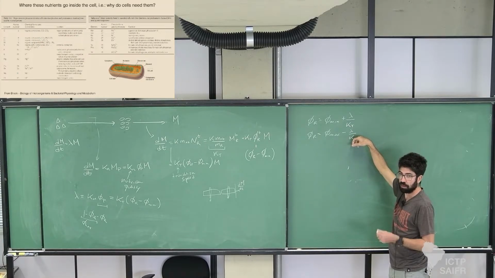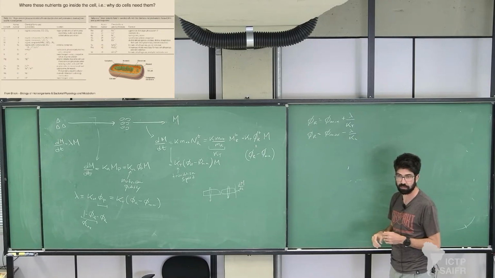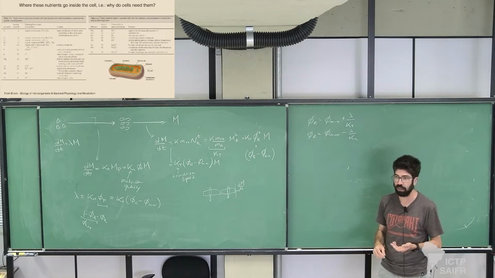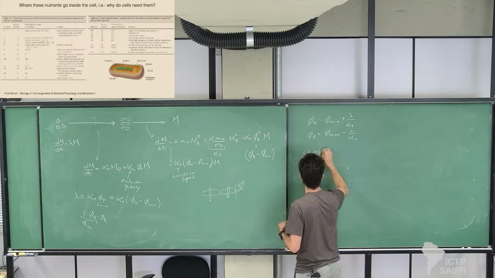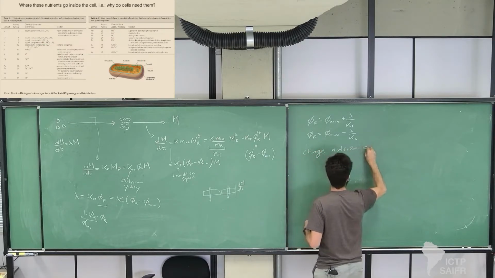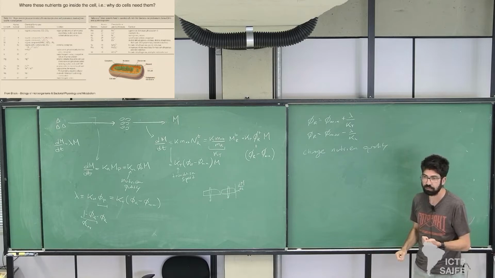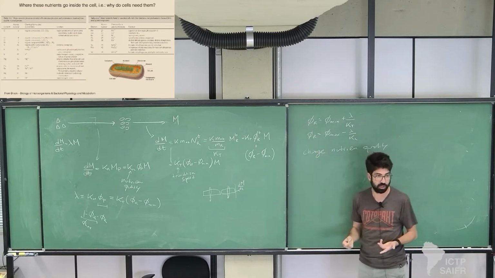Before going to that, there is a simple thing I can use from this equation to predict the result of experiments. Suppose that I change nutrient quality, the type of nutrients I give to the cell. What happens is that lambda, the growth rate, will change, and my resource allocation, so how much I allocate for ribosomes, will change, right?